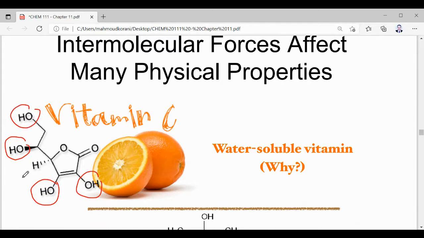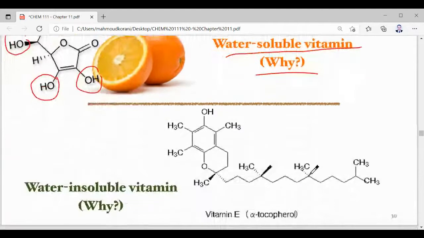So when this vitamin is mixed with water, it dissolves in water due to the formation of hydrogen bonding with the water molecules. So it's called a water soluble vitamin. And why is it soluble? Because it can form many hydrogen bonds with water molecules.